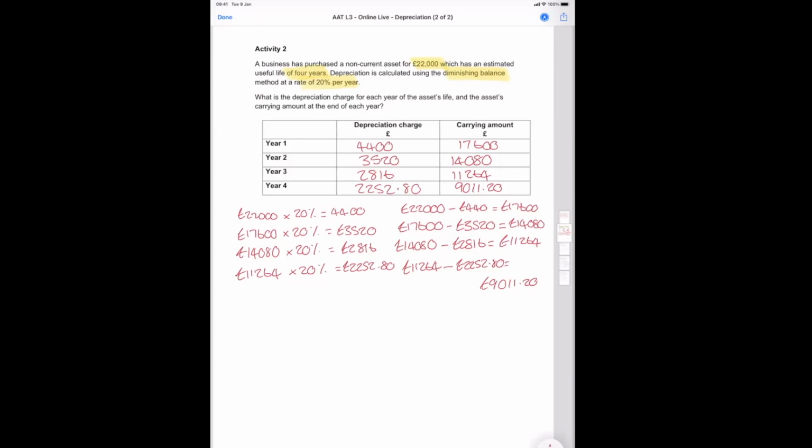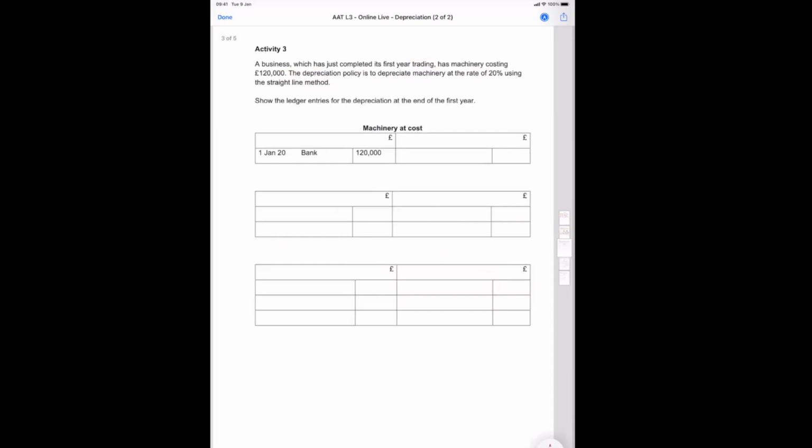Excellent. So on the third activity, we're now going to have a look at what this looks like in the accounts. Okay. So another example here, we've got a business which has just completed its first year trading, has machinery costing £120,000. The depreciation policy is to depreciate machinery at the rate of 20% using the straight line method.